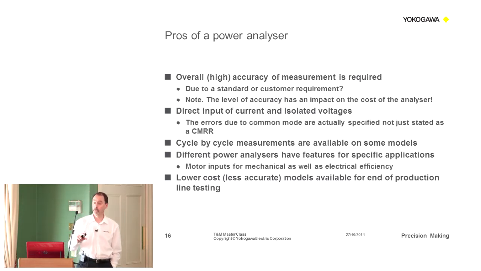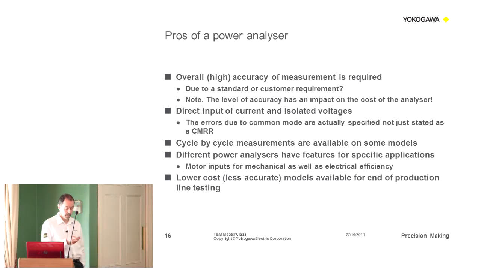Accuracy is not quite so important, because at this stage you've already proved the design, you're just doing a sampling or a test at the end of a production line. So high accuracy, you need to be able to know what the accuracy is, but it doesn't need to be so high as you would perhaps in a validation process of your design.